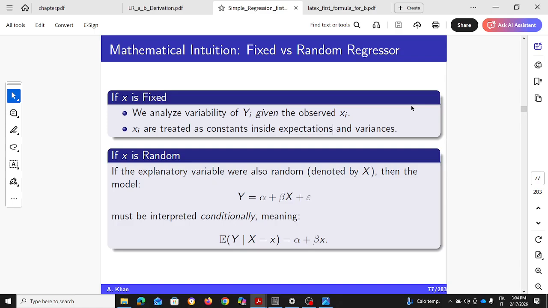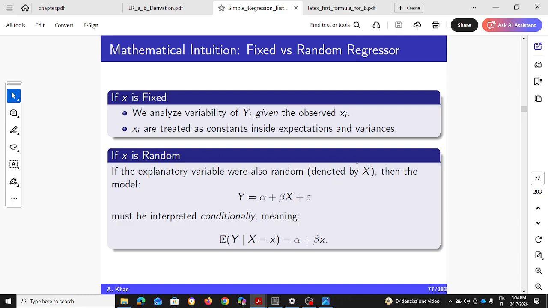But the other way around, if x is random, if our observed value is random, for example, in the supermarket example, in one supermarket we have 1.40 for day 1, and the next day they change the price to 1.45. So now we don't have a fixed value for the whole week. Each time we have a different value, so now it takes a random value.